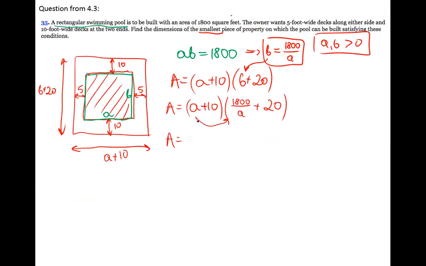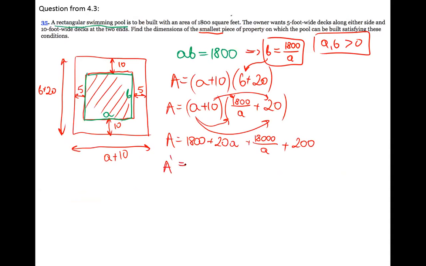A times 1800 over A is just 1800. A times 20 is 20A. Then 10 times 1800 over A is 18,000 over A. 10 times 20 is 200. That's my function, which represents the area of that piece of property.